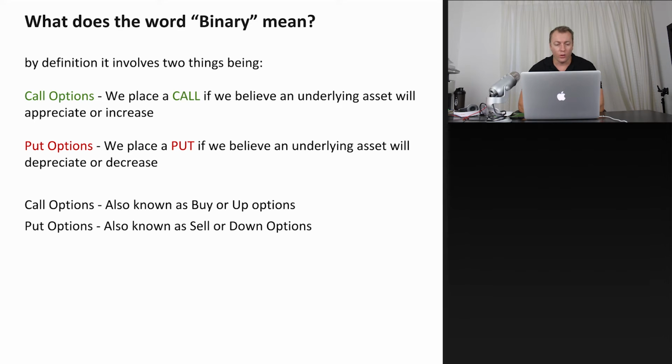Call options are also known as buy or up options. Put options are also known as sell or down options. So you'll see some brokers will have terminology on the button that you press. It might say buy or up, or sell or down, which corresponds to a call or a put option.